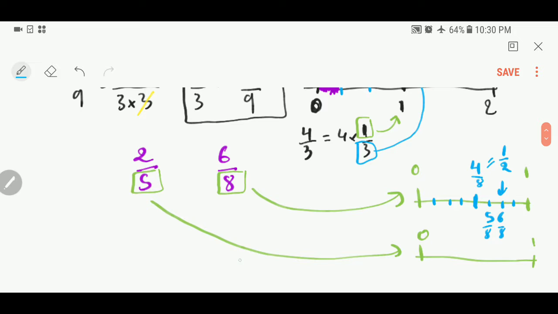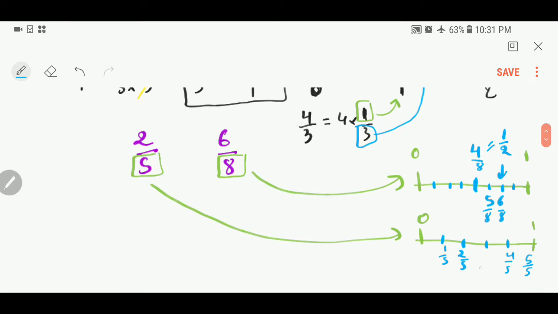Okay, for the other one, you're going to cut it into 5 pieces. So you start like this: 1, 2, 3, 4, 5. So this is like 5 pieces. So this is 1/5, 2/5, 3/5, 4/5, and then 5/5, right?